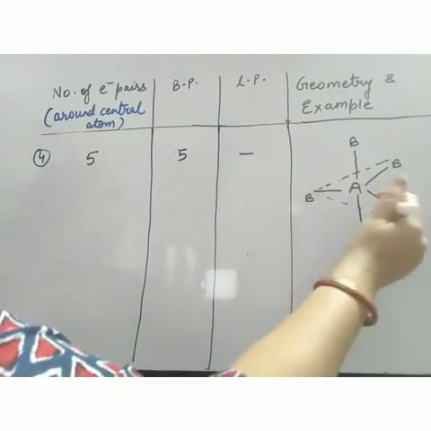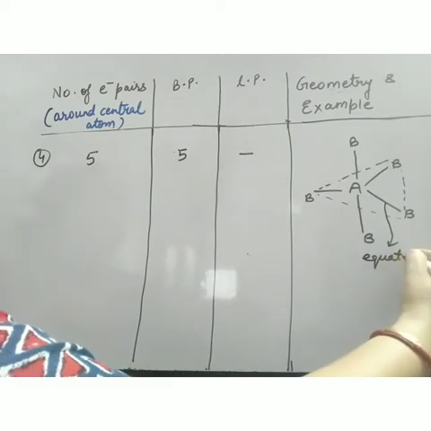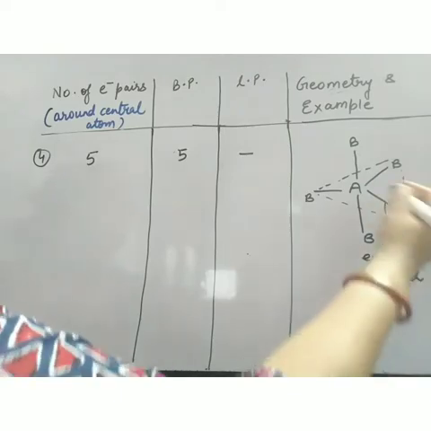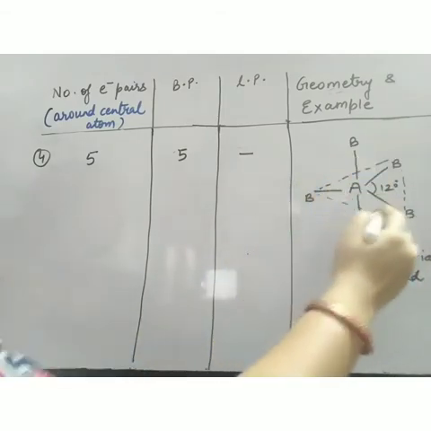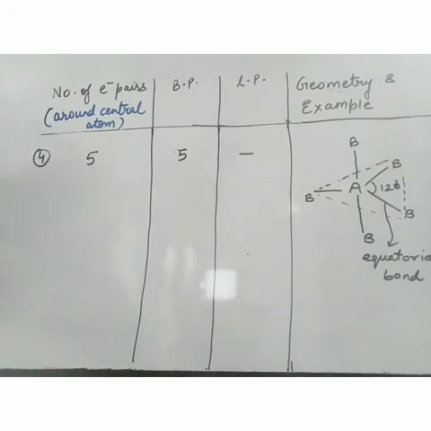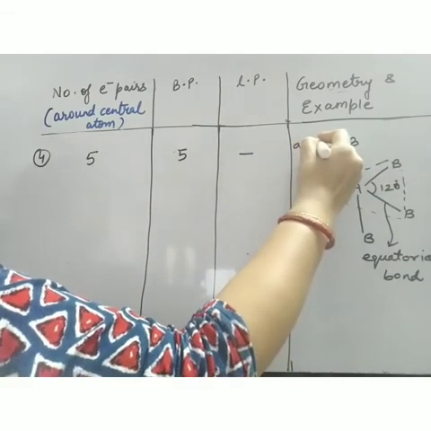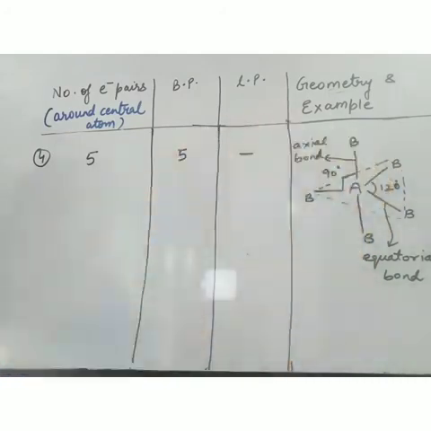These 3 bonds which are lying in the plane are known as equatorial bonds. The angle is clear, it is 120 degree. And these 2 bonds which are above and below the plane are axial bonds. The angle is clear, it is 90 degree.